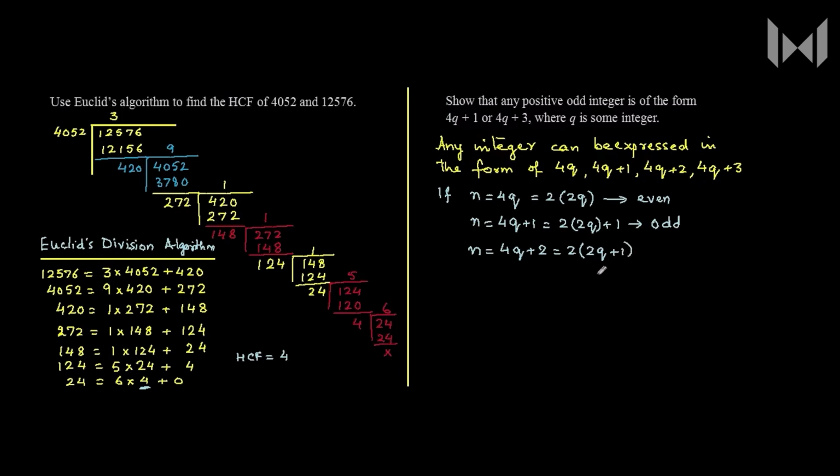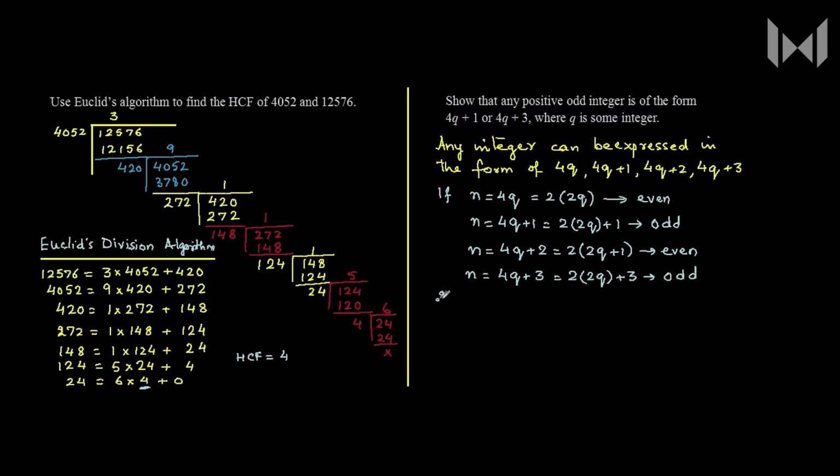Now whatever be the value of 2q plus 1, because it is being multiplied by 2, it again becomes even. And the last one, n is equal to 4q plus 3, which is 2 into 2q plus 3. Now adding an odd number to an even number always makes it odd, so this is odd.